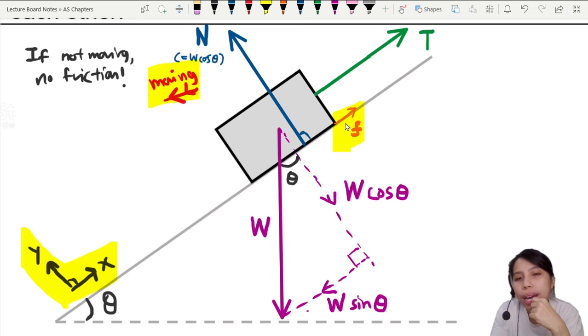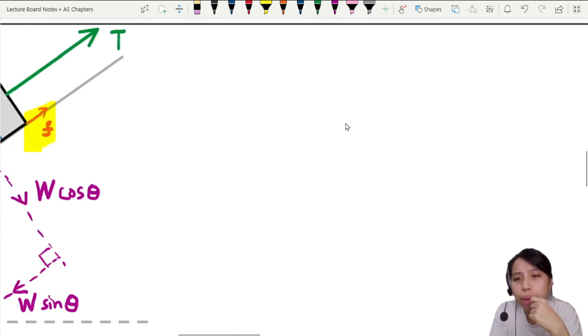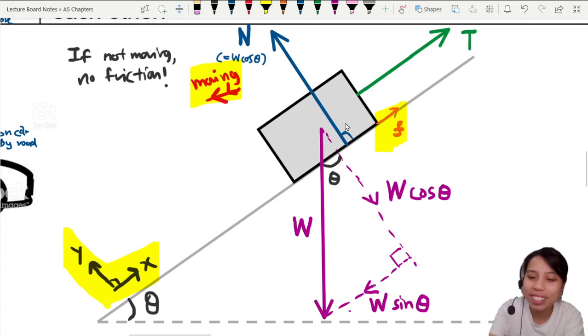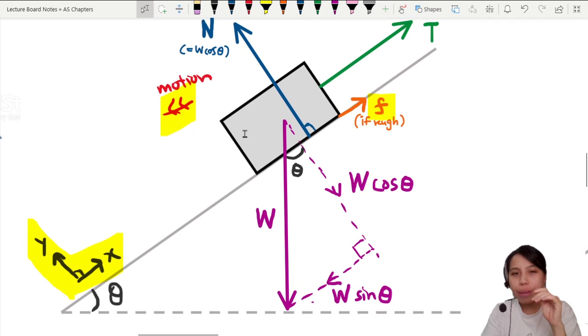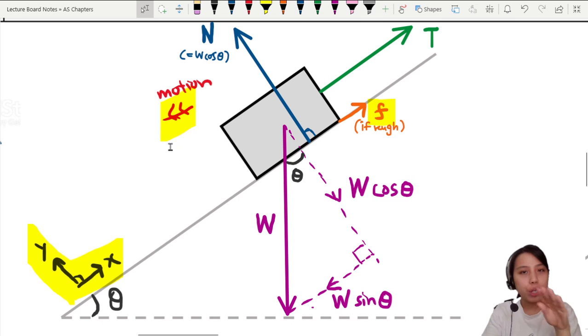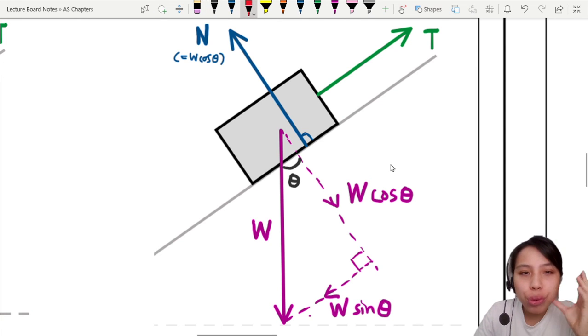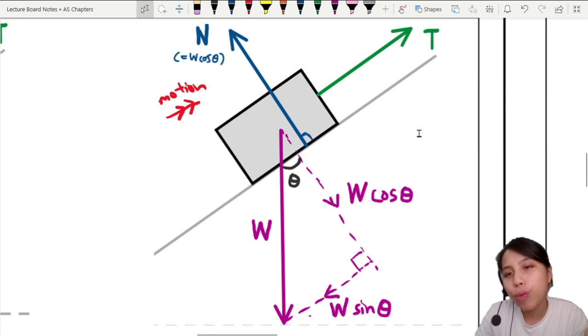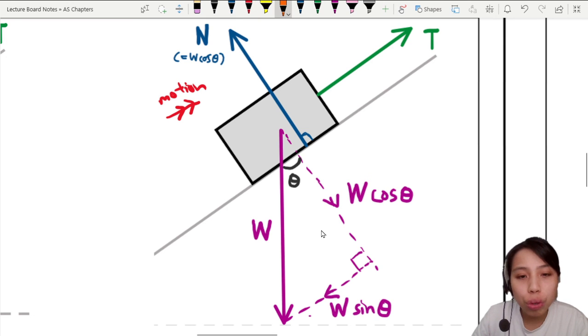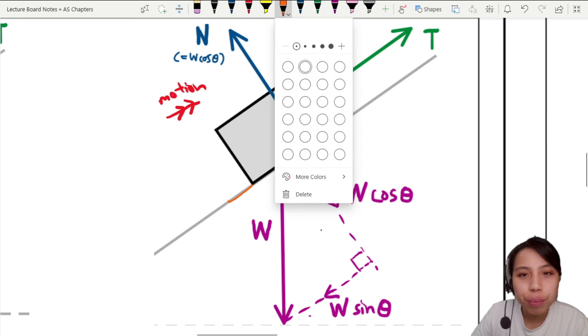But what if you have an object that is going uphill? I'm going to copy paste it here on the side so I don't have to redraw everything. Alright, I've done my copy pasting. So motion downwards, if the block is moving down, you got friction opposing that. If you have the block actually moving upwards because tension is powerful enough to pull the block upwards to overcome weight and actually pull the block up the hill, then you have to draw friction in the opposite direction.